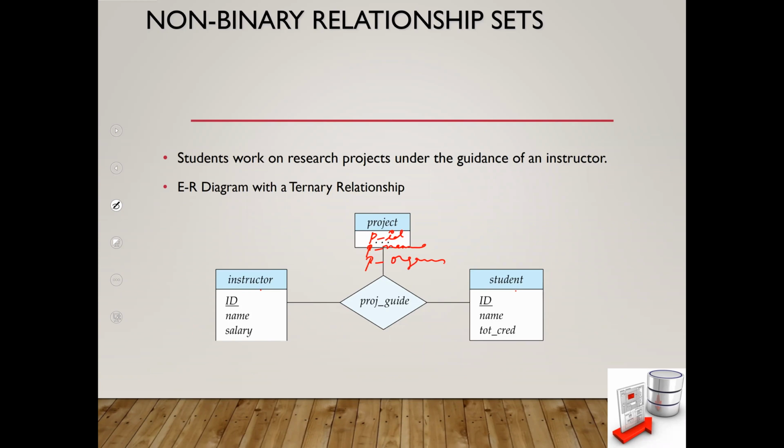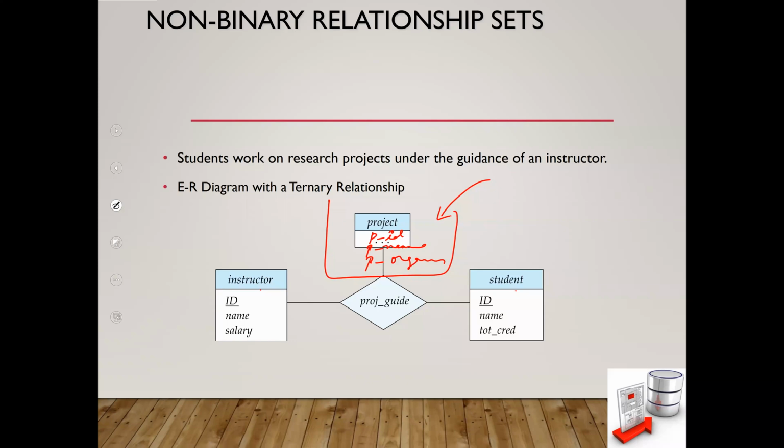Now, forget this portion. You are very well familiar with instructor and student. Now, when you have a project, the student works on the project. The project is guided by the instructor.